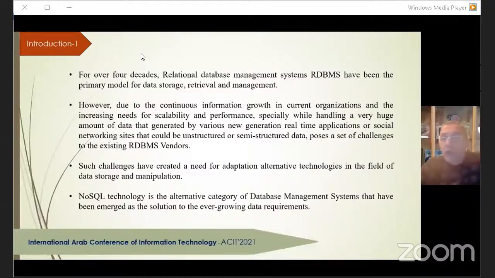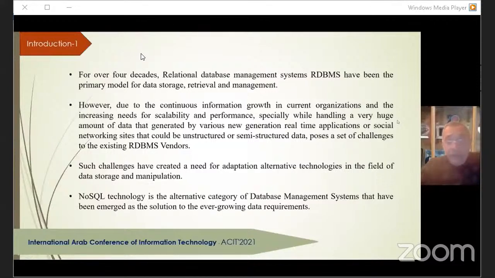However, the continuous growth in current organizations and the increasing need for scalability and performance, especially while handling very huge amounts of data generated by new generation real-time applications or social networking that could have unstructured or semi-structured data, poses a set of challenges to the existing relational database vendors.